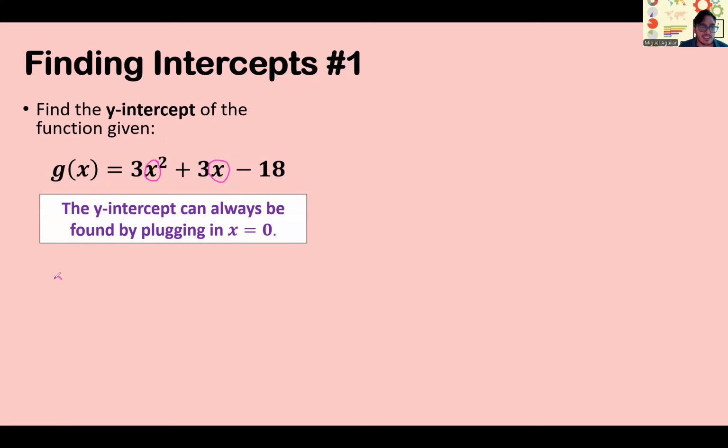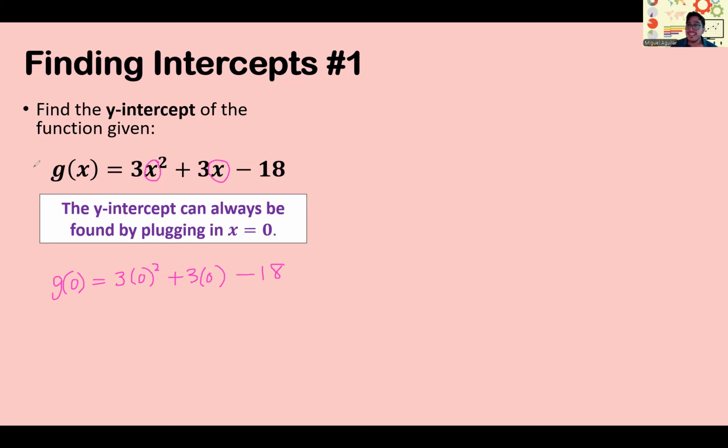So what I'm really doing is finding g of 0, and I'm writing down 3 times 0 squared plus 3 times 0 minus 18. Are you guys okay with that? If so, go ahead and put it in your calculator.